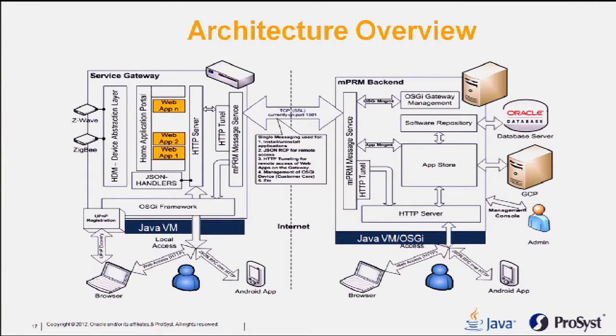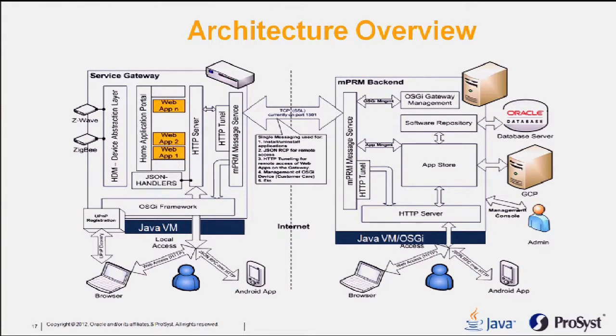And on the right-hand side, we now have the backend system. And the backend system, that's sort of the first news, is actually the first enterprise system that has been really based on OSGi itself. Because we as an OSGi company, formerly we had our own J2EE application server, which we sold to SAP back in 2000 to fund what we've got now.